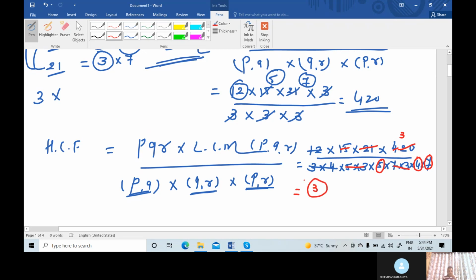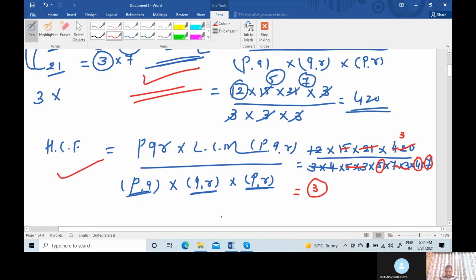You can apply this to all 4 sums given in your textbook to find the LCM and HCF of 3 numbers. Generally we use the LCM method, and verify also in your examination.